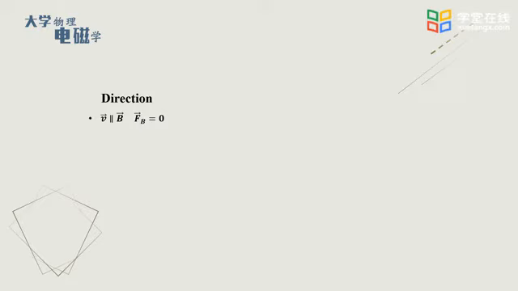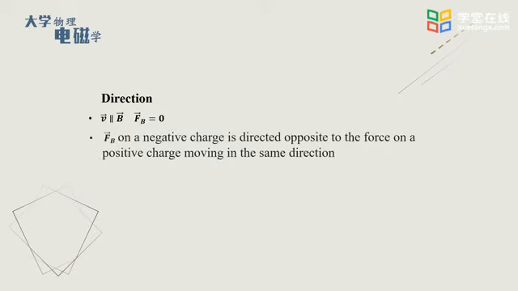Then, how about the direction? From the experiment, we found that Fb on the negative charge is directed opposite to the force on the positive charge moving in the same direction. And also, Fb acts in a direction perpendicular to both V and B. That is, the magnetic force is perpendicular to the plane formed by V and B. These results show that the magnetic force on the particle is more complicated than the electric force.